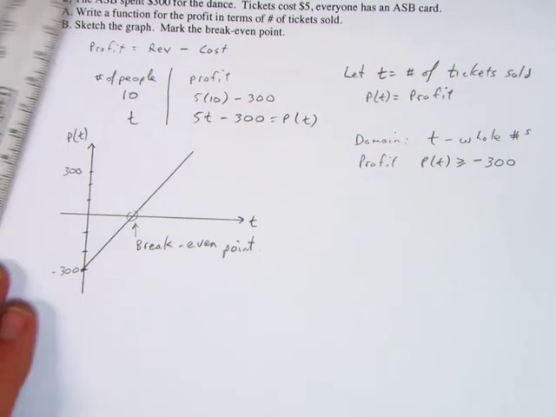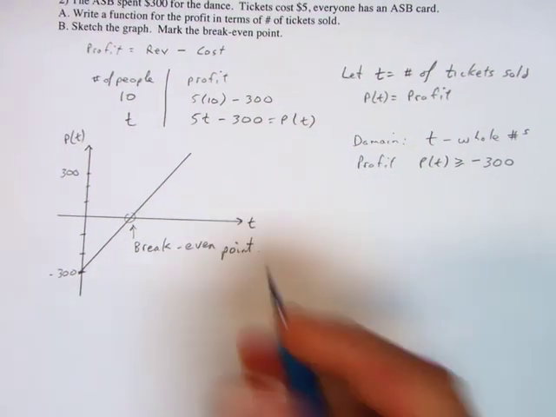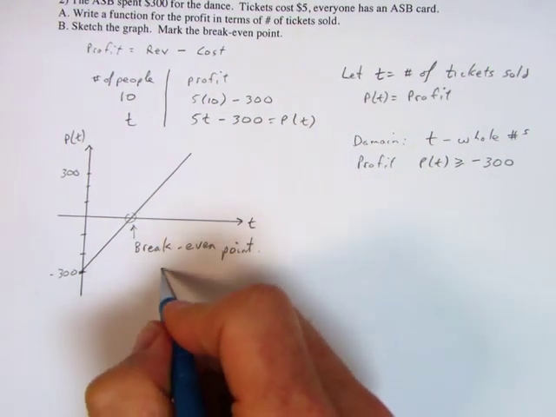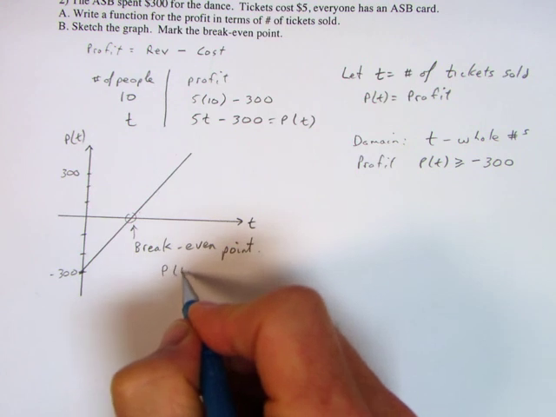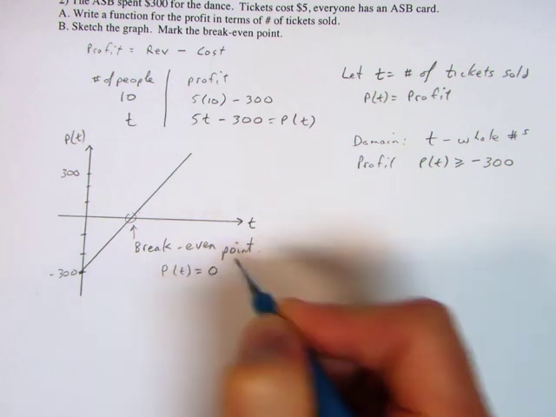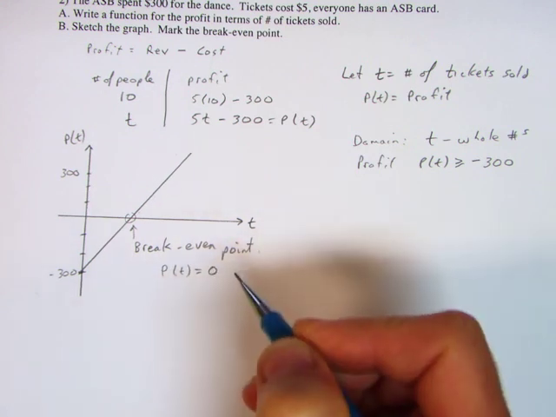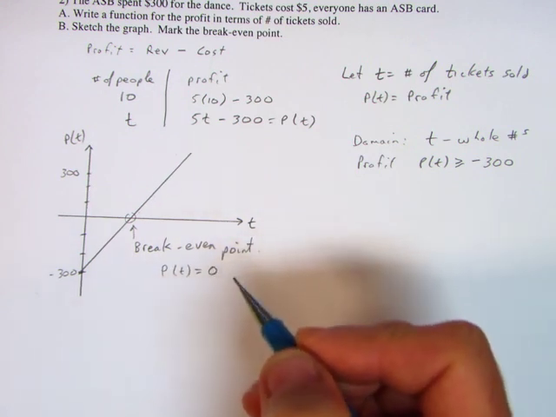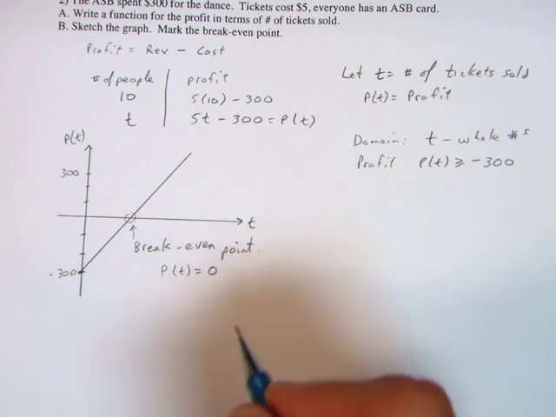How do we find that? What's true about that? What is our profit at that point? p of t equals 0. This is also known, as we'll talk about later on, as the zero of a function.